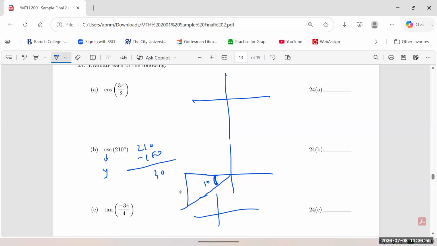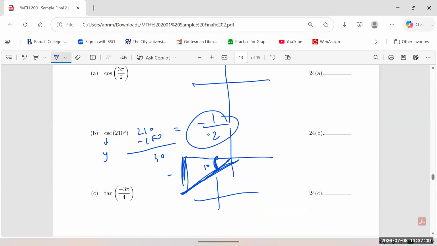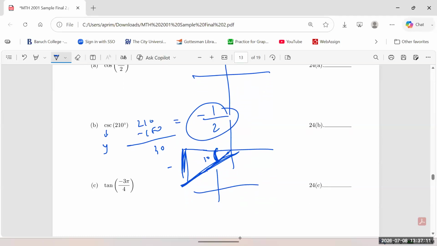We are looking for y, which is here. So it's a negative, right? So opposite of 30 degrees is what? 1. So we have -1, and what is the hypotenuse? 2. At least this is what I want to see: the reference angle, the position, and then the number. Oh wait, it's cosecant, so you have to flip it. It's -2/1.